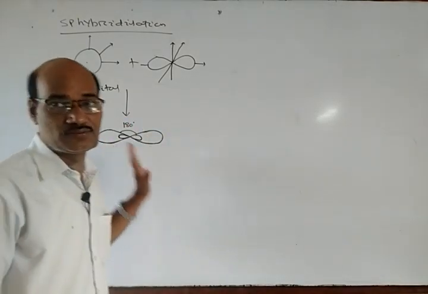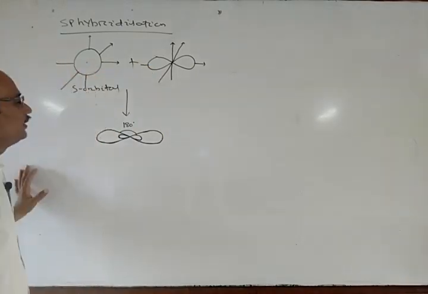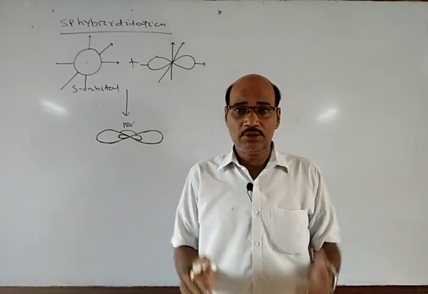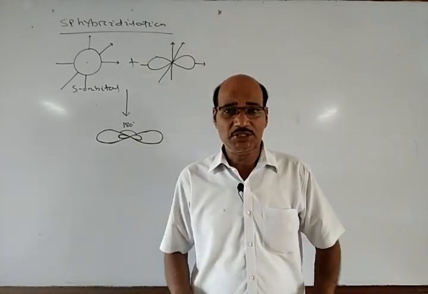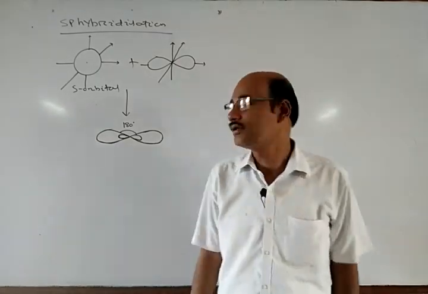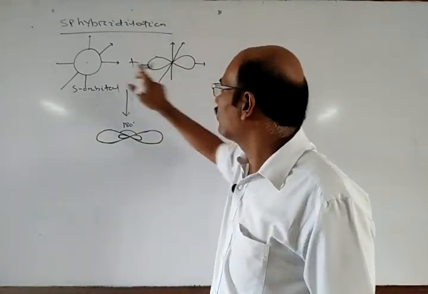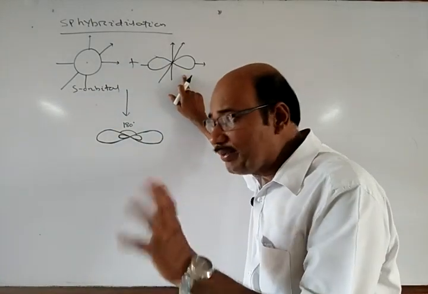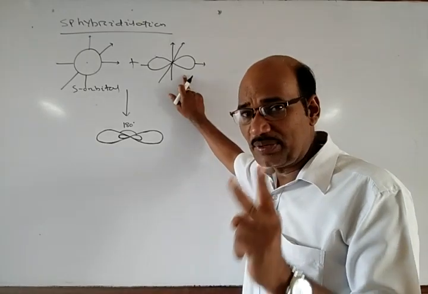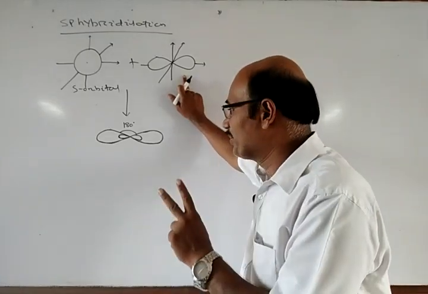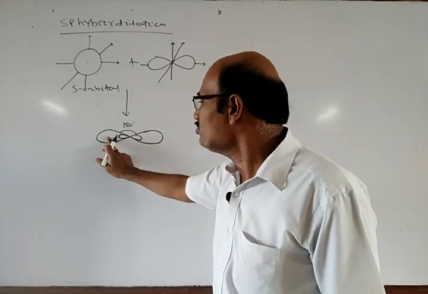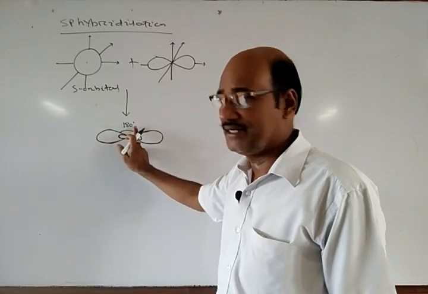180 degrees. Okay. Because with two orbitals, the maximum distance is 180. So one s and one p orbital are hybridized to form two sp hybrid orbitals, and these two sp hybrid orbitals remain apart from each other, forming a maximum bond angle of 180 degrees.